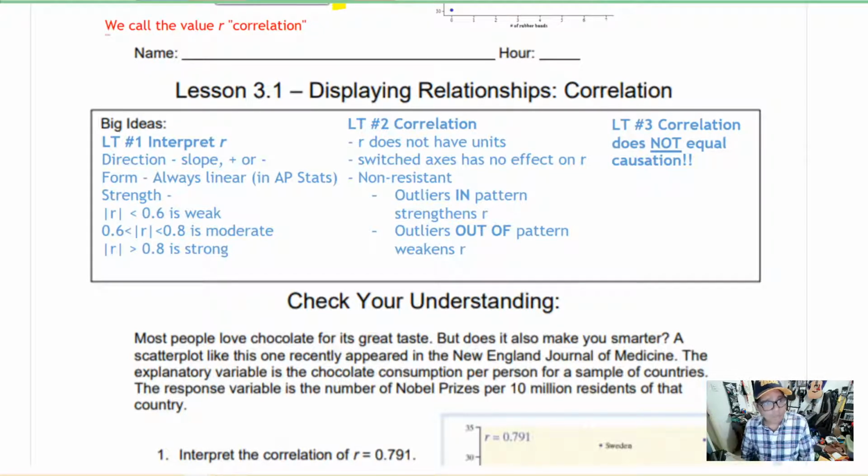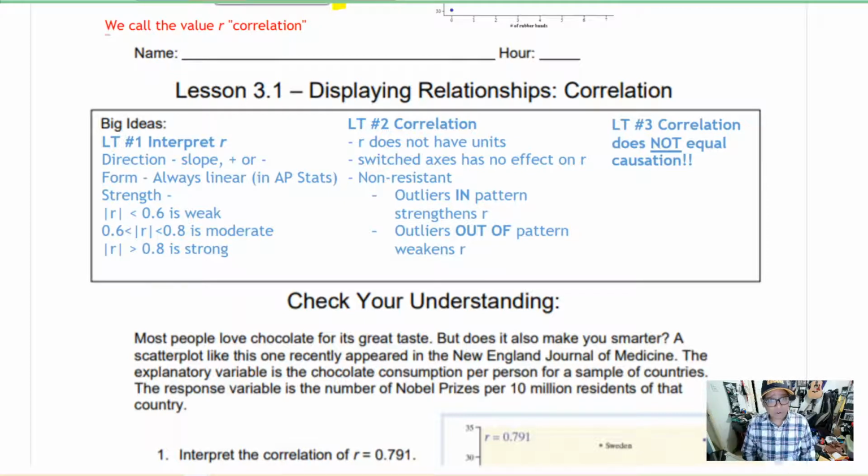And finally, correlation R is non-resistant. If you have outliers in the same pattern, that's going to strengthen R. But if you have outliers out of pattern, that's going to weaken R, and usually very dramatically.